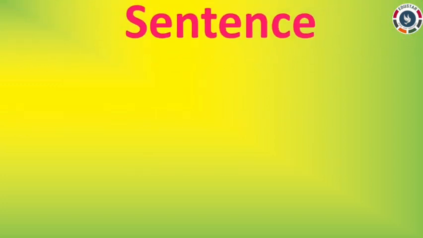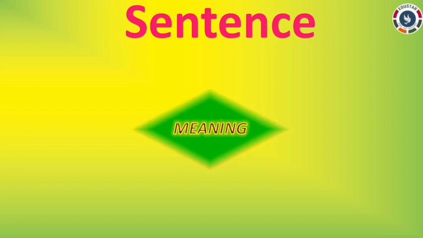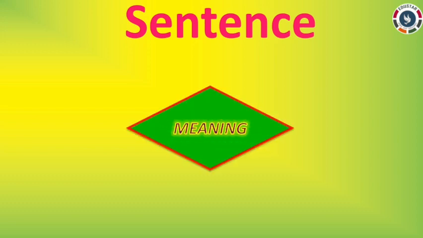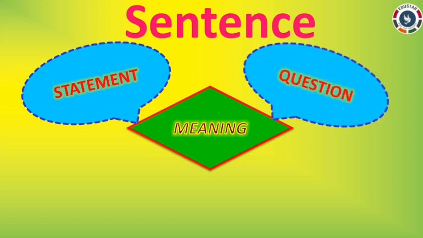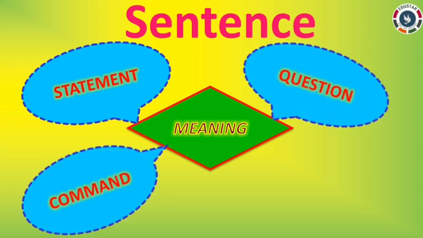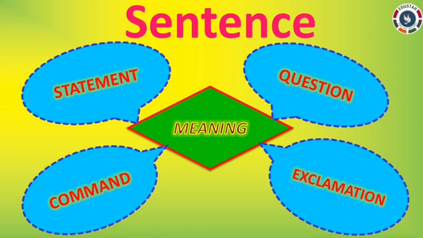Third, and the most important characteristic of a sentence is that the meaning of any sentence may be different based on different expressions. Now, this expression may be of a statement, a question, a command, or an exclamation.